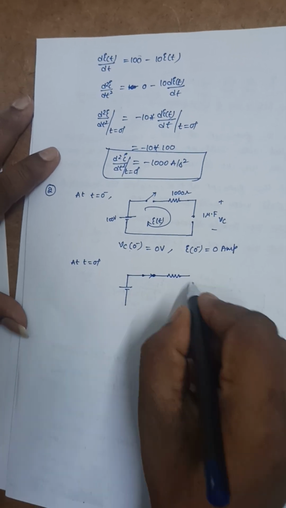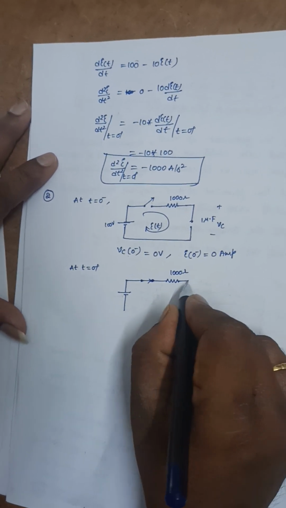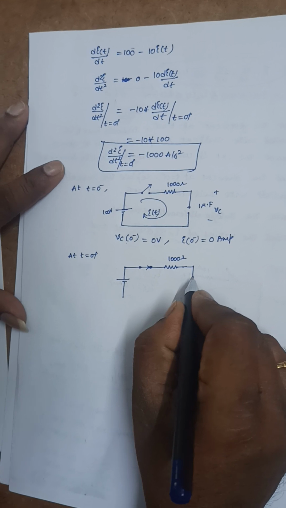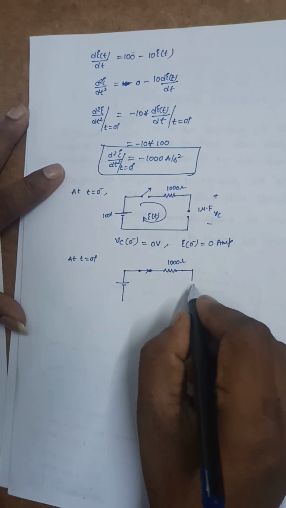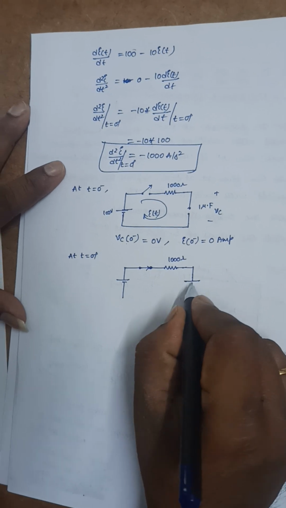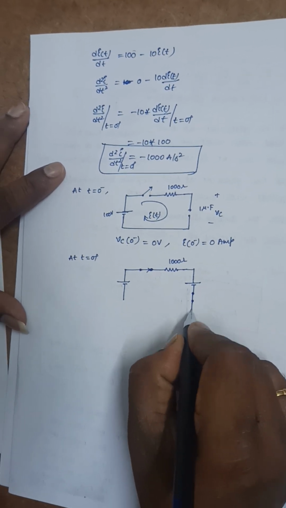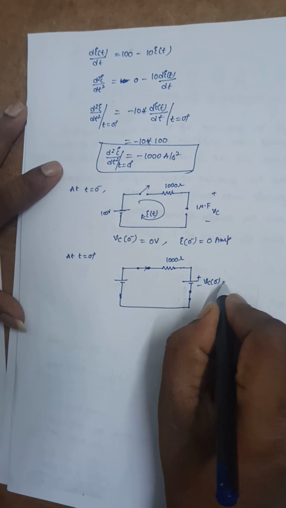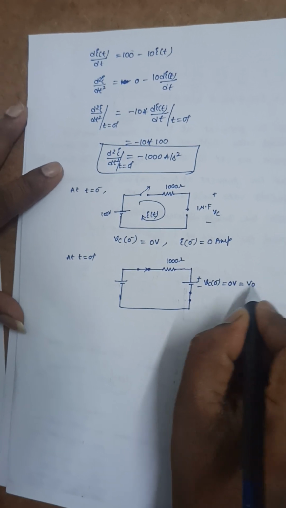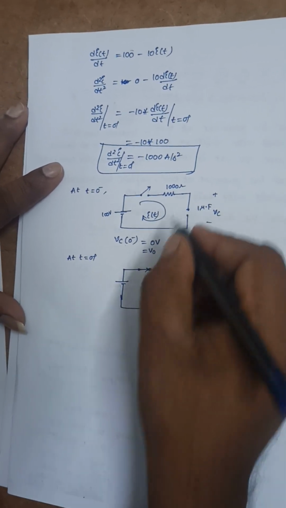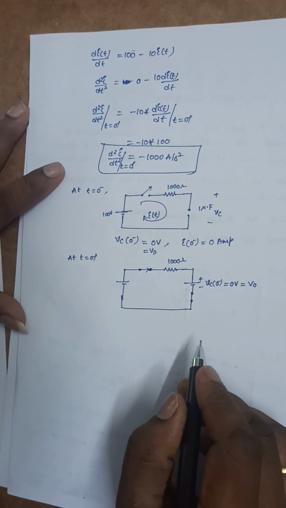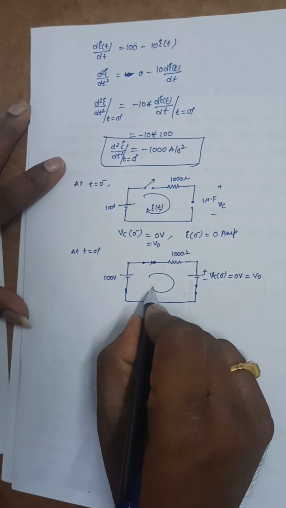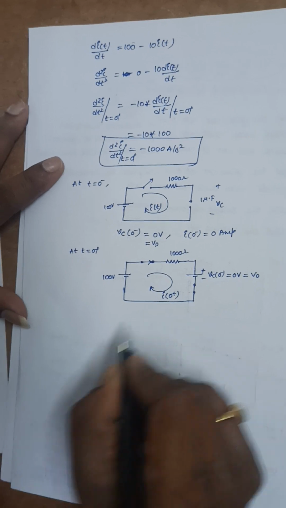So the switch is closed here, it is 1000 ohms, and the equivalent circuit of this capacitor at t equal to 0 plus, I can write like this, it is short circuited, and it is plus and minus, it is Vc of 0 minus, that is equal to 0 volts, that is V0, the initial voltage. That means initially it is uncharged, so V0 is 0 volts. So 100 volts it is, and the current, that is I of 0 plus.